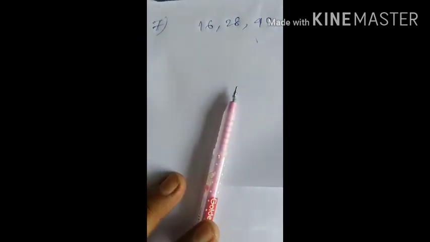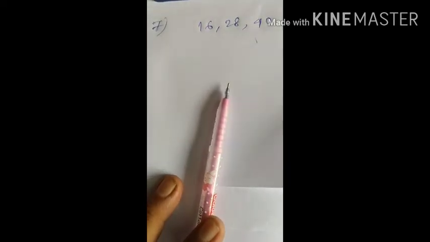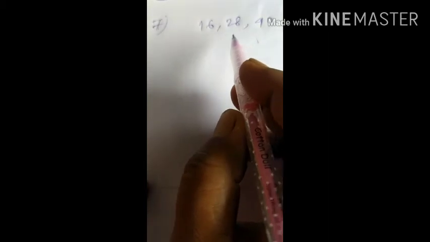We have to find out the time when all the three lights change together. Okay, so we have to find out at first the LCM of these three numbers: 16 seconds, 28 seconds and 40 seconds.